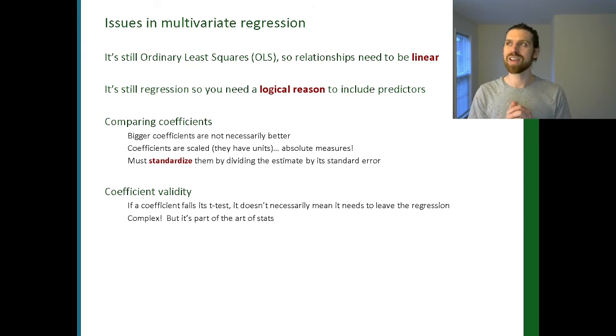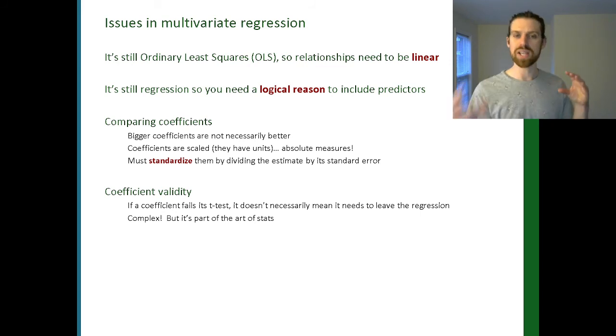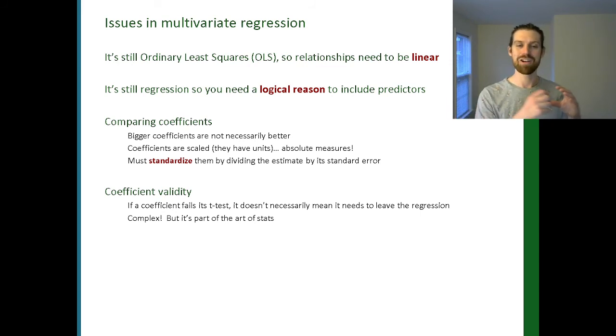But if I then said that we were going to put in the annual temperature for where you live, you would say, well, that doesn't logically relate to your income, not explicitly at least. So that would be an example where you don't really have a logical reason to include that predictor within your model. They need to be confined so that your independent variables are causally trying to indicate that they're able to explain that much variance in your output metric, okay.